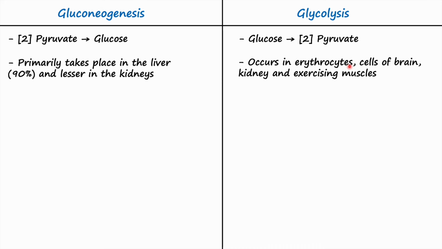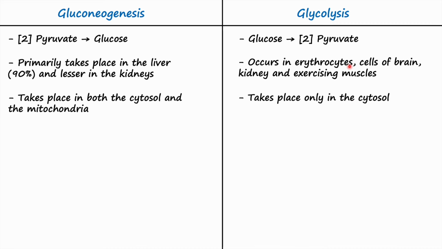Glycolysis occurs in erythrocytes, cells of the brain, kidney, and exercising muscle. It also takes place in other tissues, but these are the tissues which solely rely on glucose. Gluconeogenesis takes place in both the cytosol and the mitochondria, whereas glycolysis takes place only in the cytosol.